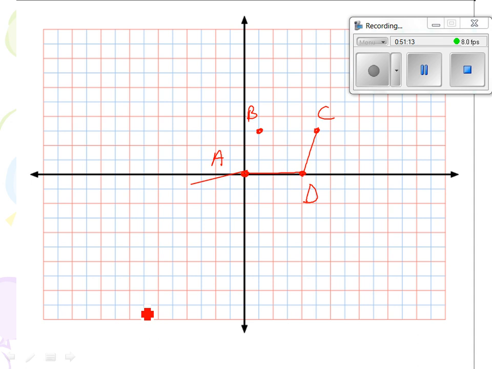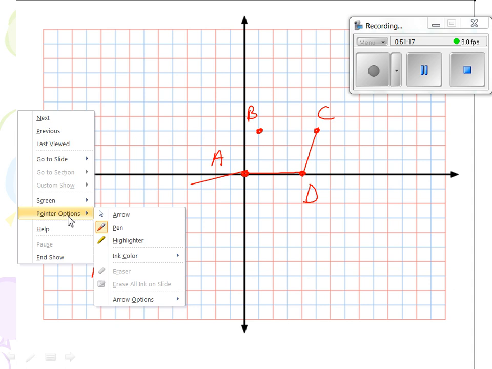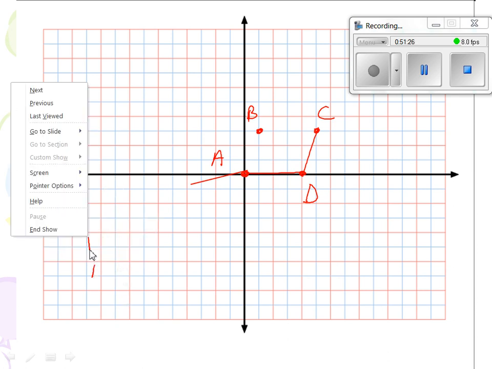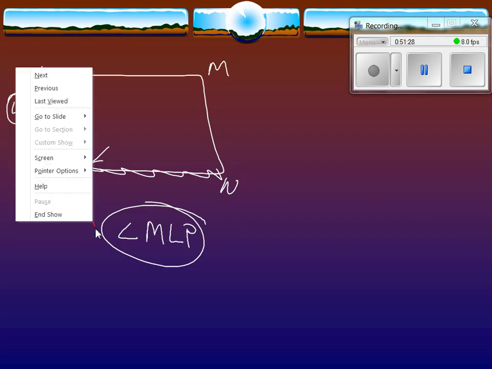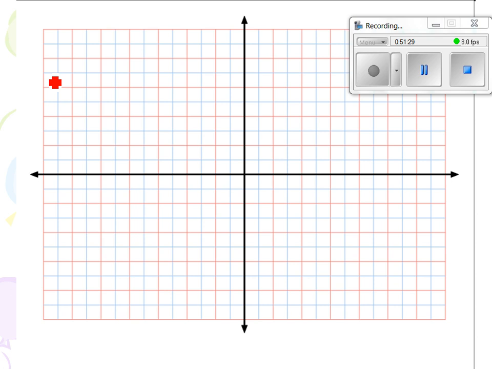A parallelogram has vertices. Find all the possible coordinates. It's got vertices -2, -1.